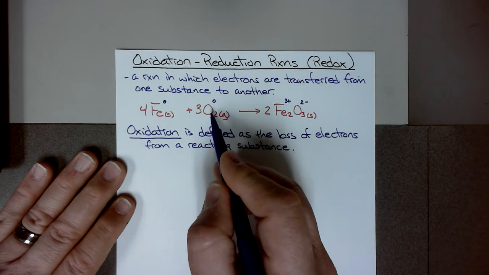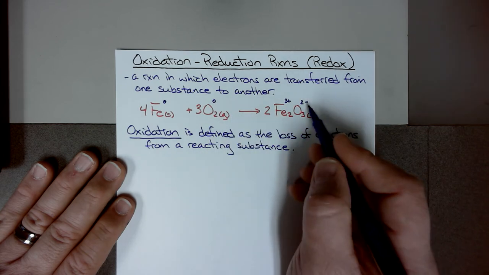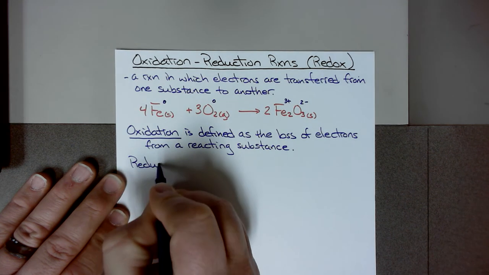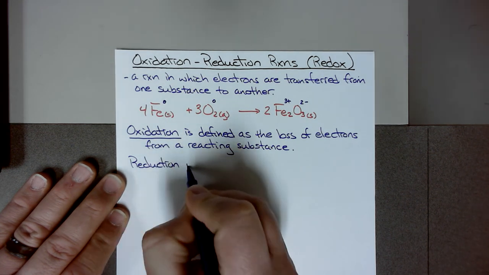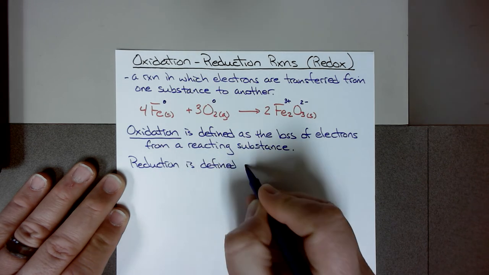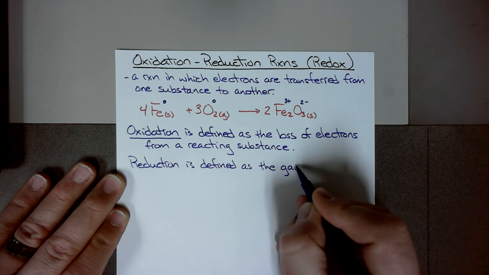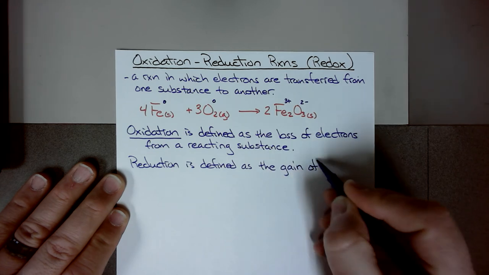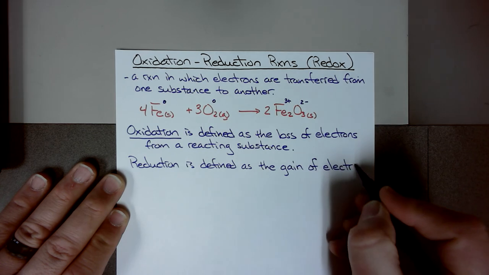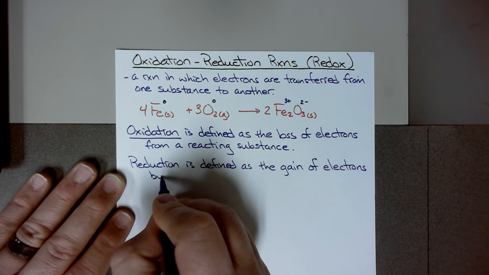And we look at this one, oxygen is going from 0 neutral to 2 minus, so it's gaining electrons, and we call that reduction. So reduction is defined as the gain of electrons by a reacting substance.